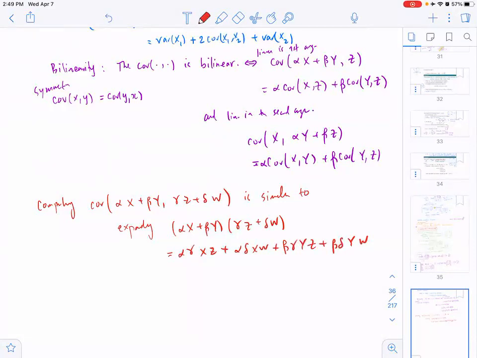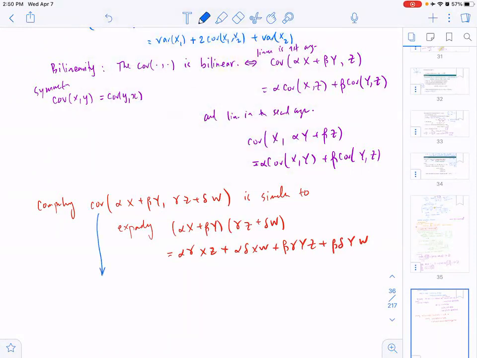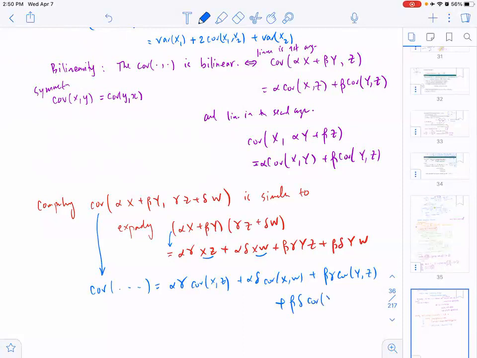Yes. So if you understand this, then this is exactly bilinearity. This operation is bilinear. So that covariance would be alpha gamma, you just replace this with covariance of xz, plus alpha delta covariance of xw, plus beta gamma covariance of yz, plus beta delta covariance of yw.